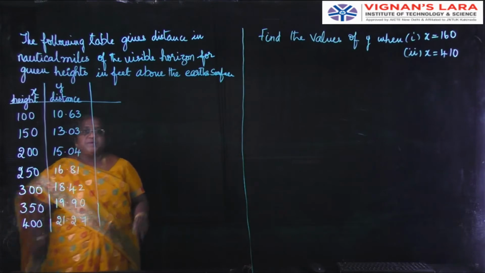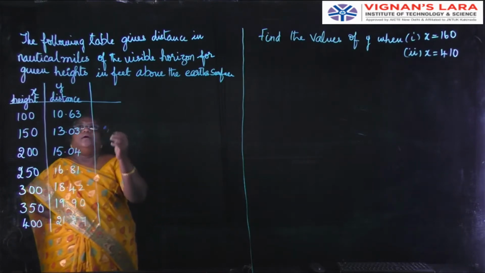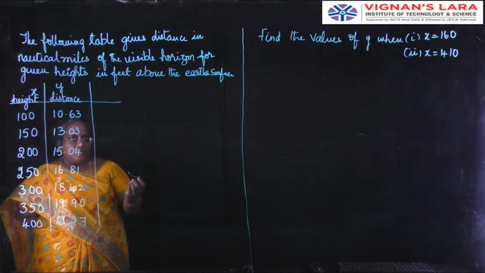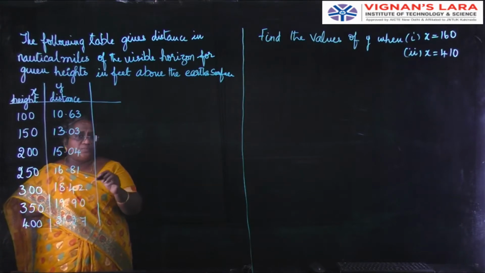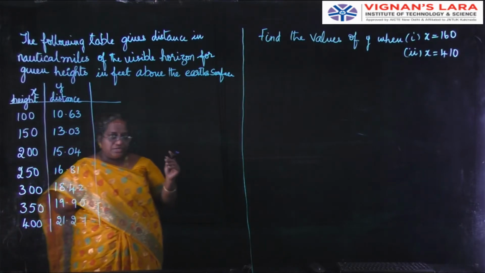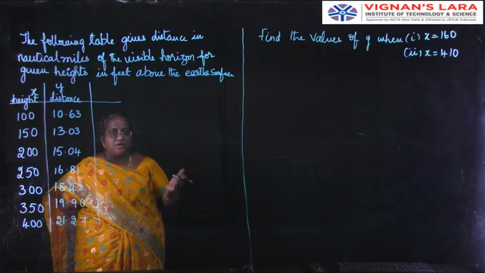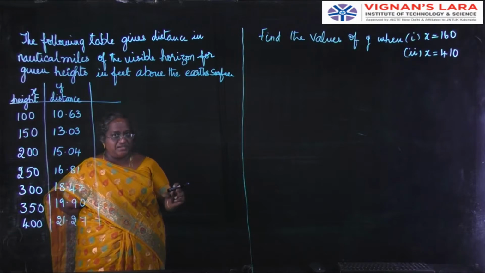So basically now we have to see. This is definitely in your question paper. This question will be under unit 4. So you can understand this is related to unit 4. And the topics you had in unit 4 are Newton's forward interpolation formula, Newton's backward interpolation formula, Gauss forward, Gauss backward, Lagrange's.